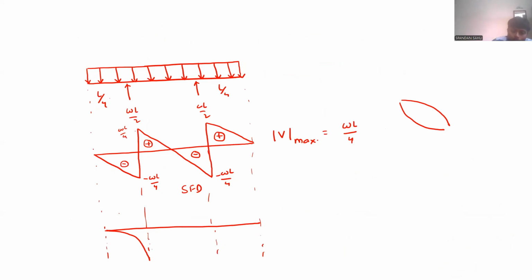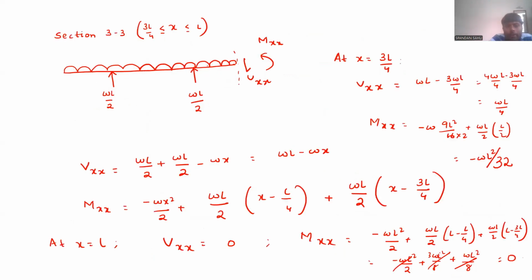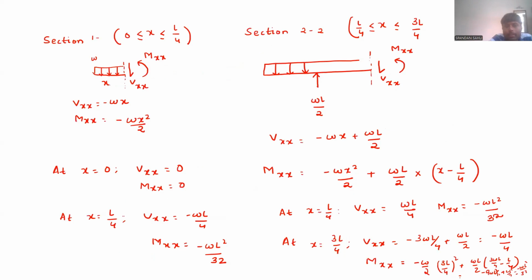So every curve will be parabolic in nature, and in the section 2, we are getting at x equal to L by 4 our bending moment as minus WL square by 32, and at x equal to 3L by 4 also, we are getting our bending moment to be minus WL square by 32.